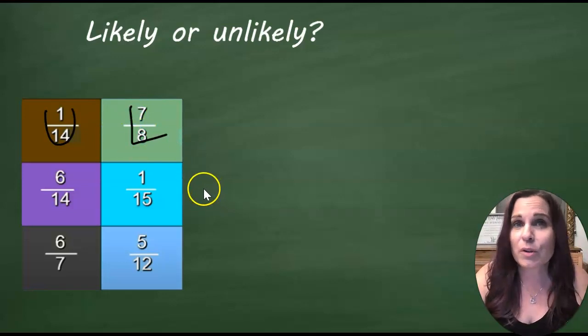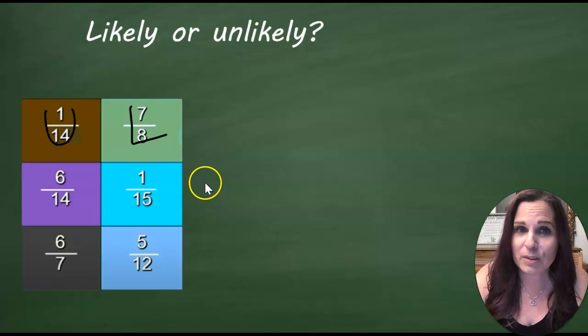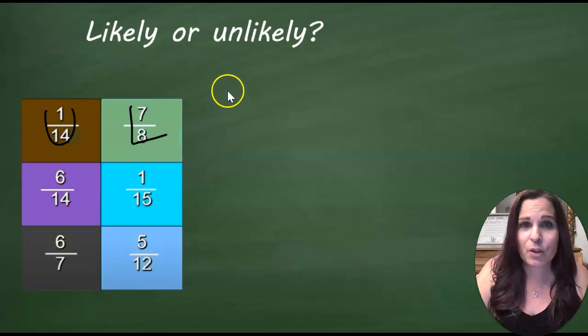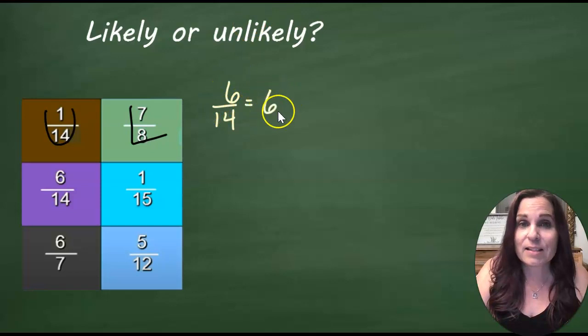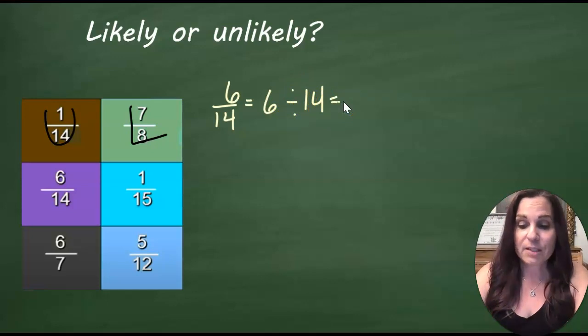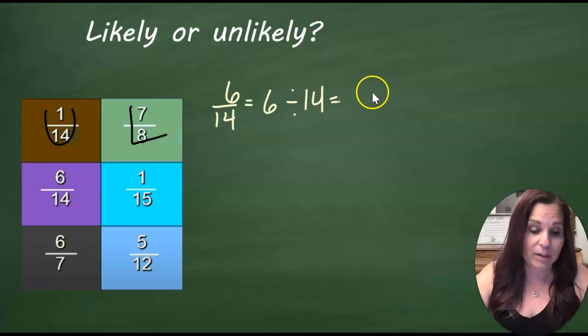Remember, you can also convert these to decimals if you prefer to do it that way. So I'll do it that way on the next one. I've got 6/14 for my next fraction. 6/14 means the same thing as 6 divided by 14. When I do that on the calculator, let's see what I get. 6 divided by 14 is long because it's a 7th.